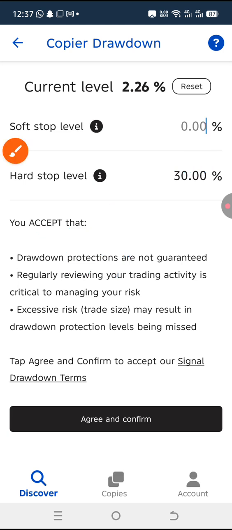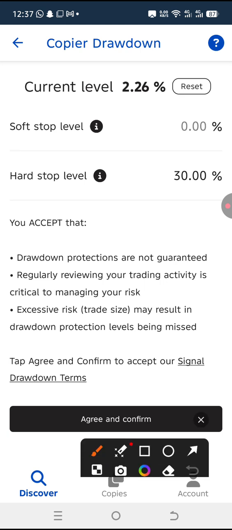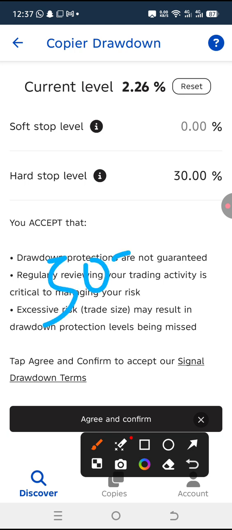Another thing is this: if you feel the rate of profit is not as good as what you want, just make sure you wait till you have 500, which is 5,000 cents.